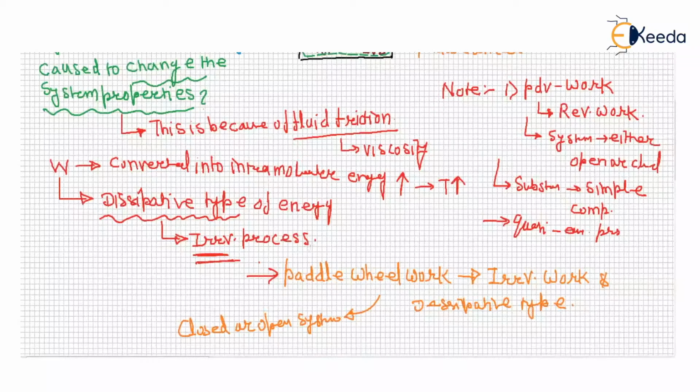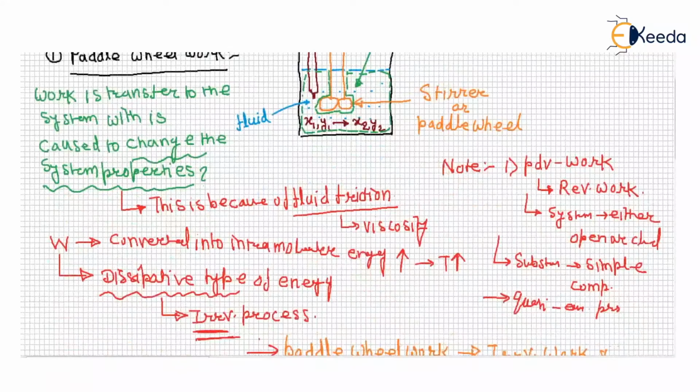And the process is not a quasi-static equilibrium process, right? So this is your paddle wheel work.